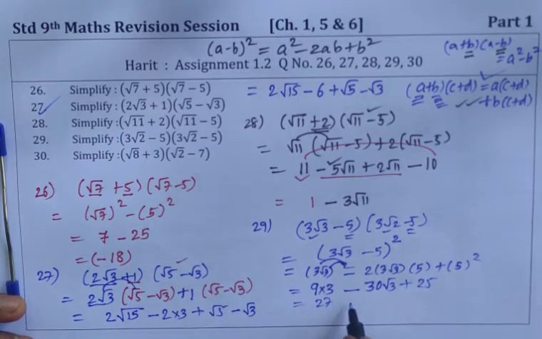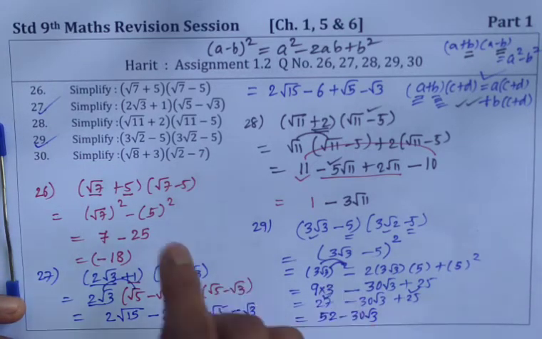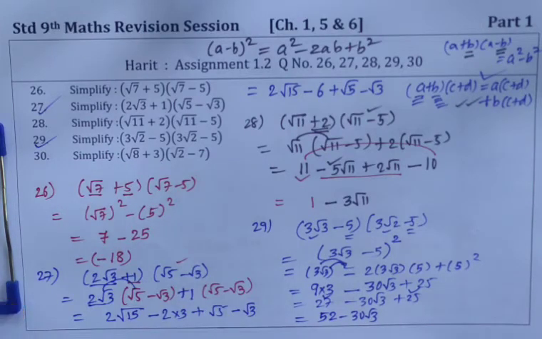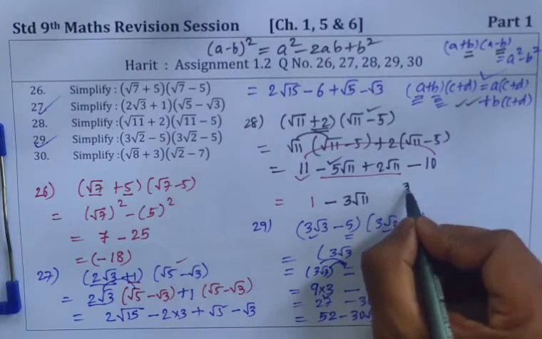So this is 18 minus 30 root 2 plus 25. Here you have a pair of like terms. 18 plus 25 is 43 minus 30 root 2. So that will be the simplification of the number 29.